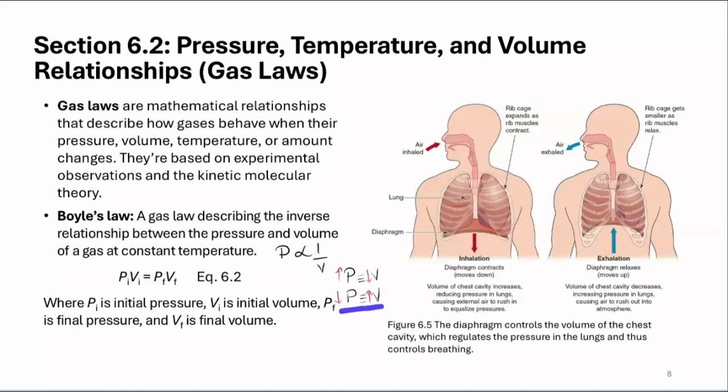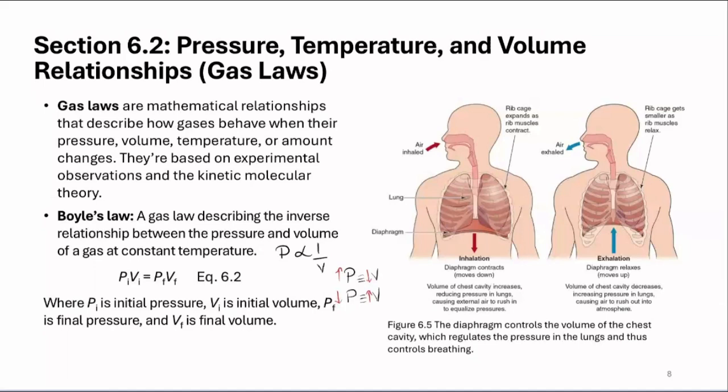So the relationship of increasing volume but lowering pressure in the lungs is what we experience when we inhale air. When we exhale air, the volume of the chest cavity decreases, just like we see in this relationship. So for exhaling air out of the lungs, we increase the pressure in the lungs.